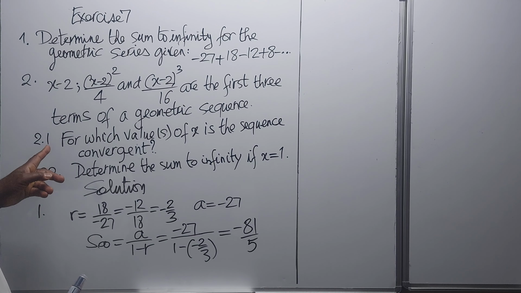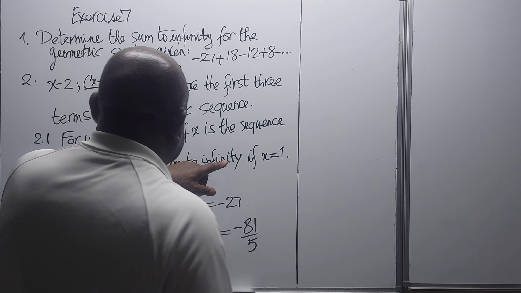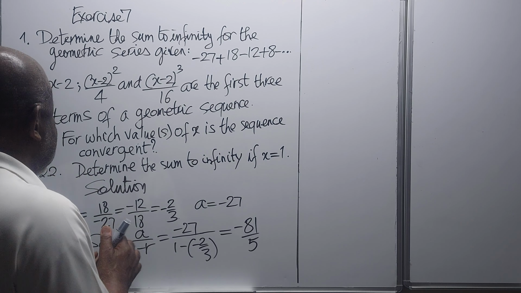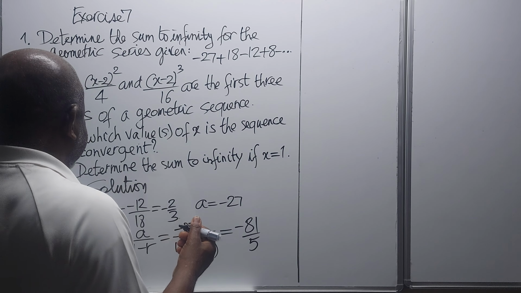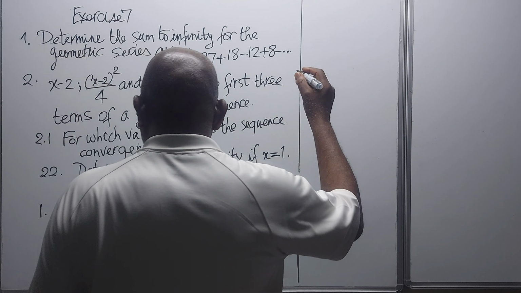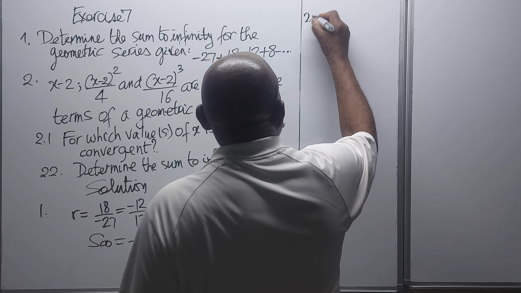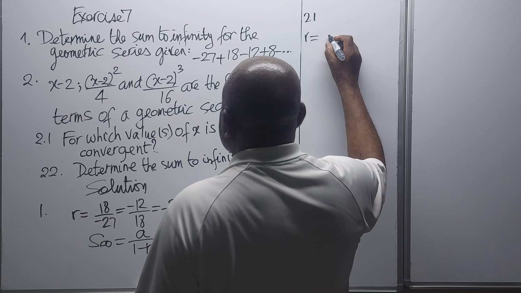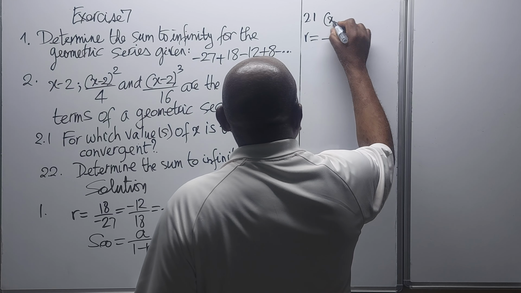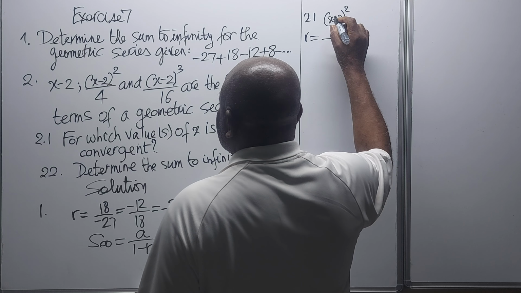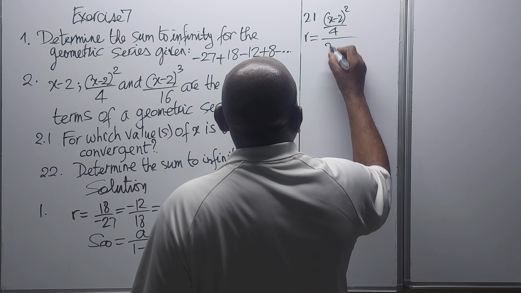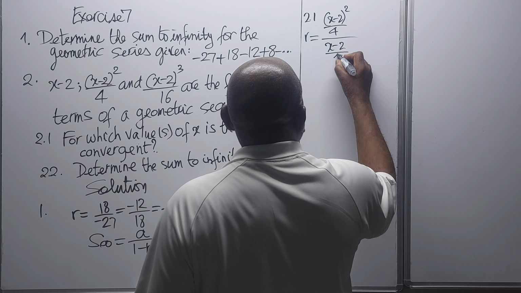Now, to get the value of x for which the sequence will be convergent, we're going to consider the terms here. First, we're going to get the common ratio. It will be R is equal to x minus 2 squared over 4 over x minus 2.